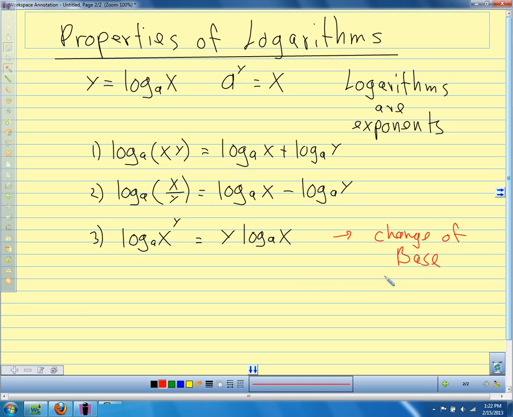But before we talk about that, this first property of logarithms reminds me of a joke. Here's a logarithm joke for you guys. Noah is on the ark, and the ark lands, and Noah and all the animals get off the ark, and he says, okay, go forth and multiply. Everybody goes forth, and a little while later, Noah checks on everyone.